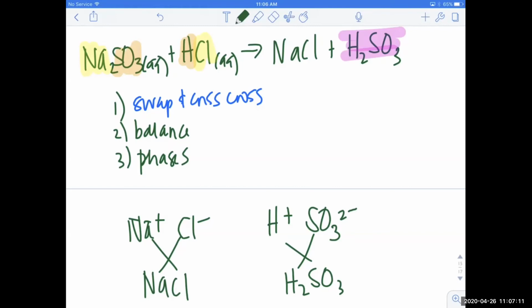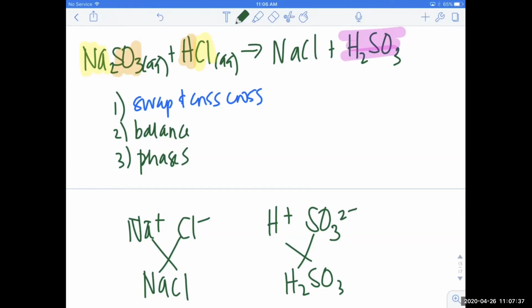So we can go ahead and balance this and then just carry over the coefficients if needed. So I see 2 Na, so I need a 2 here. I see 2 chlorines, that's now balanced over there. I need my SO3s. If you have this reaction balanced before you decompose it, then it will be okay.